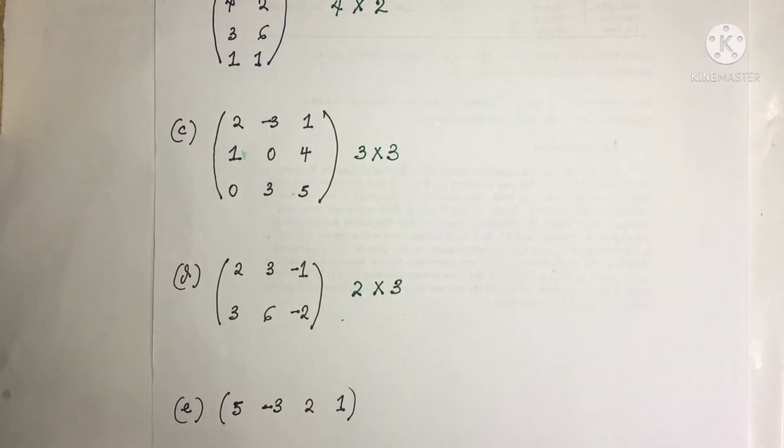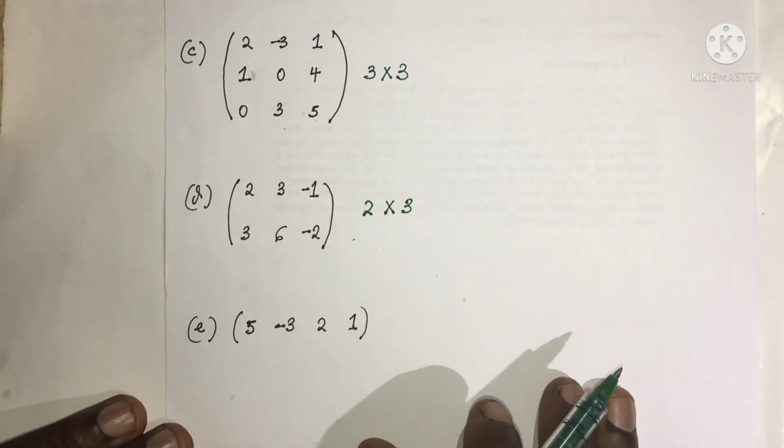I hope, and I do hope, you really understand what is going on here. Just in case you don't, kindly go to YouTube videos on matrices and watch to understand what we discussed on types of matrices and the order of a matrix. So let's quickly attend to the final problem here.